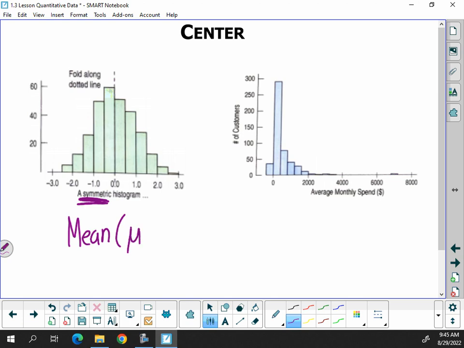Remember, for a population, it's that Greek letter mu. For a sample, it's x bar. So if we have a symmetric or approximately symmetric distribution, we are going to want to refer to the center by referring to the mean of that distribution. And we might approximate the mean if we don't have all the data points. So the mean here is approximately 0.